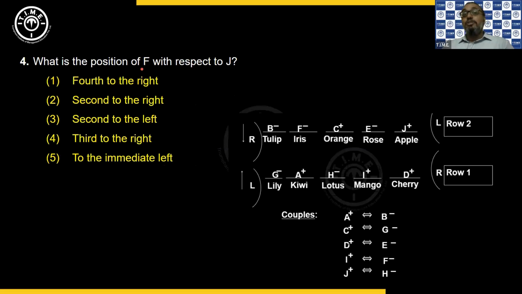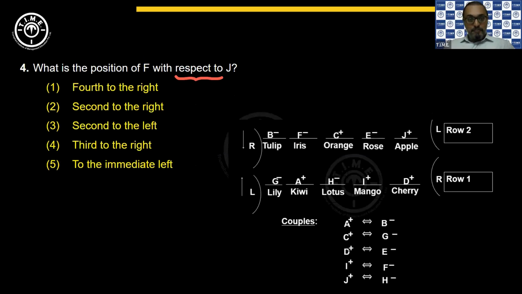Then what is the position of F with respect to J? Check and see. Suyog says option 4, Lavanya says option 2, Praful says third to the right, which is option 4. Nandini says option 4, Annapurna option 4, Lavanya option 4.